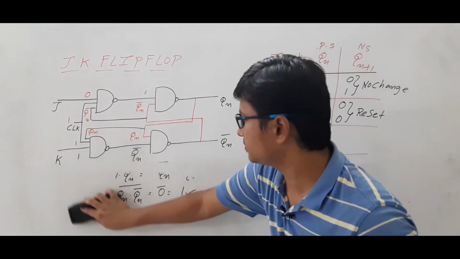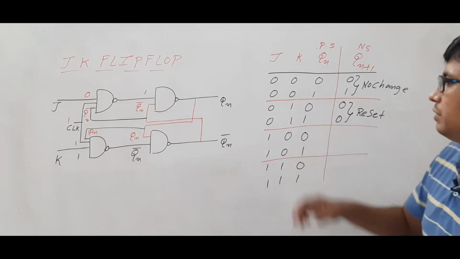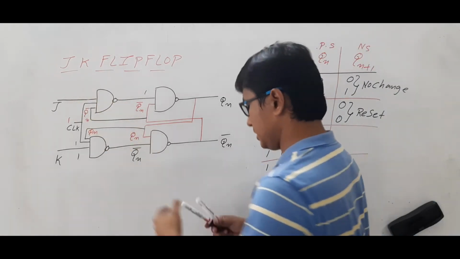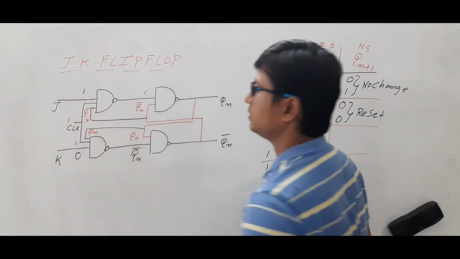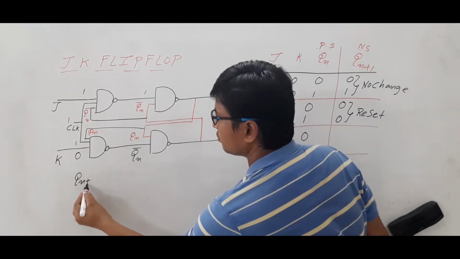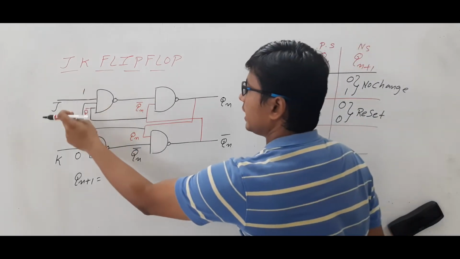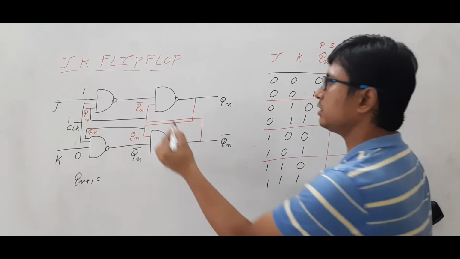Now we will see the next one, 1 0. When J value is 1 and K value is 0, what will happen? Now if I want to find Qn+1, I need to find this output. 1 and Qn complement whole complement will be Qn.